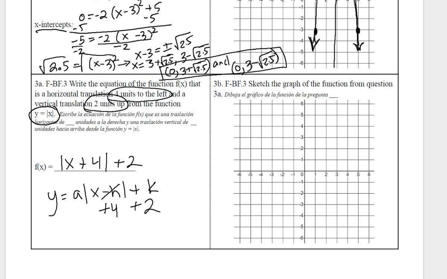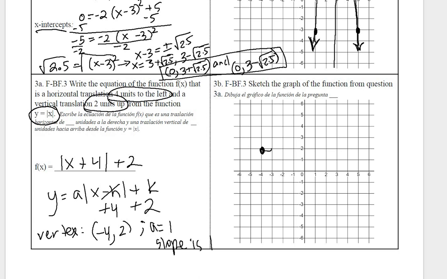Let's graph that. So, I start with my vertex, which is at negative 4, 2. My a value is 1, so my slope is 1.